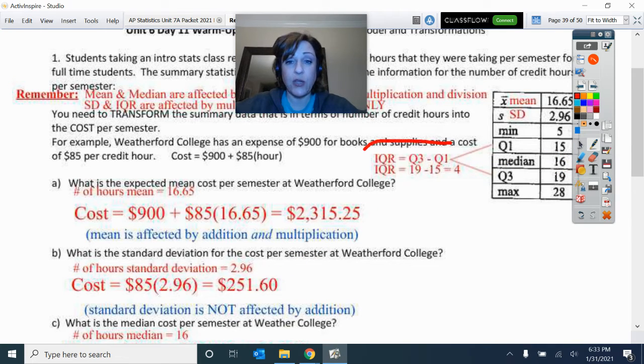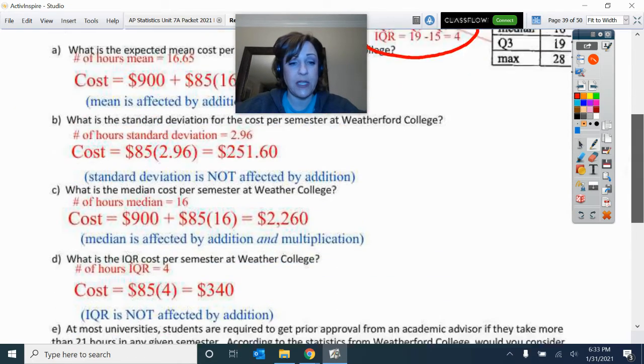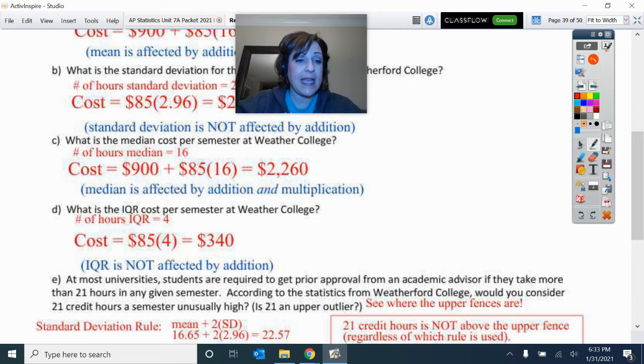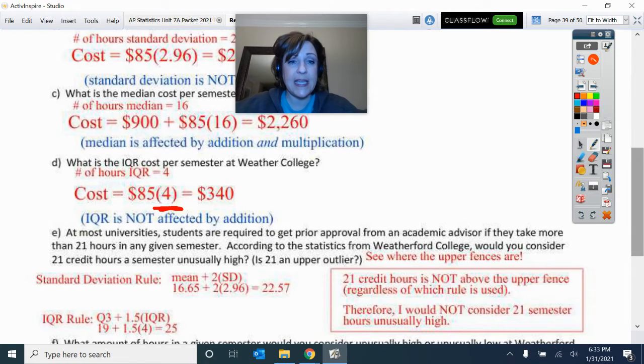Do you remember how IQR is Q3 minus Q1? So this is taking back things from last semester. So that was 4 hours, 19 hours minus 15 hours, because we have to pay attention to units. And so then 85 times 4. We only did the multiplication. All right, so that was the middle 50% of costs were within a span of $340.